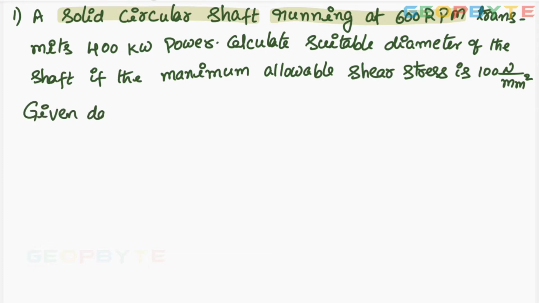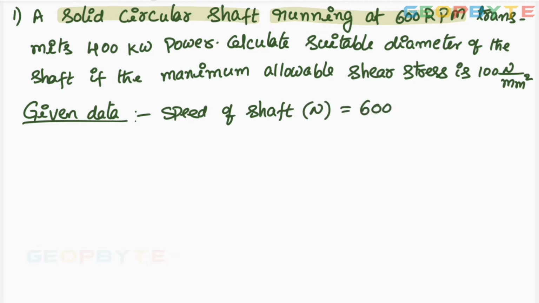Given data: speed of the shaft, generally denoted by capital N, is equal to 600 revolutions per minute.